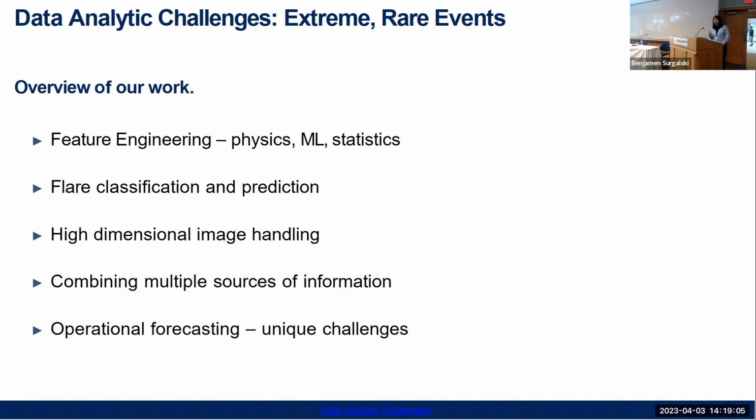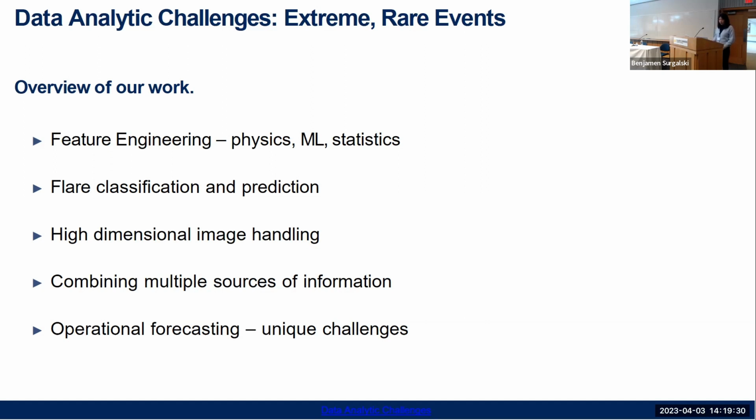In real time, how can we tell when the next strong flare is coming? And we're interested in modeling high dimensional images, trying to do dimension reduction before model fitting and, within model fitting, do a joint modeling. And also we're interested in building principled, interpretable statistical methods to combine multiple sources of information such that we make the best prediction models.